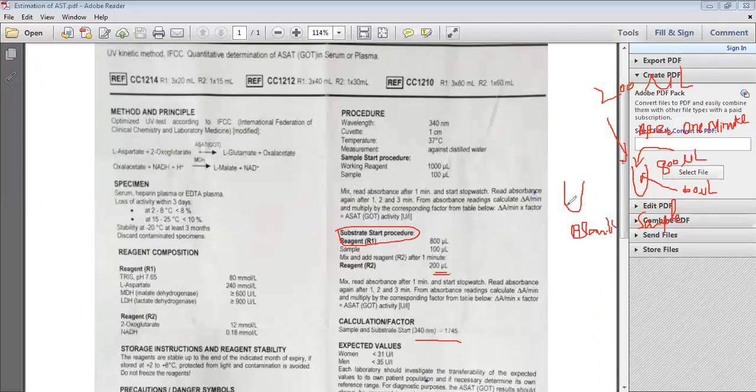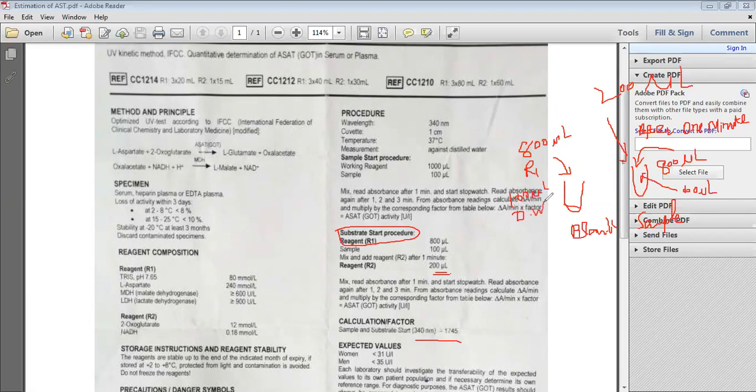Now, in the blank test tube, you will use the same procedure. First of all, you will add 800 microliters of R1, and in the second step you will add 100 microliters of distilled water.